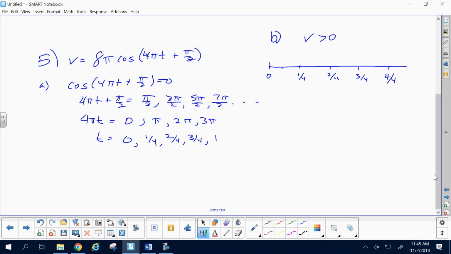Pi over 2 plus pi over 2 is pi. Cosine of pi is negative. 1/4 to 2/4, I think it'll alternate signs. I'll do one more just to verify. So I did 3/8. 4 pi times 3/8 is 3 pi over 2. 3 pi over 2 plus pi over 2 is 2 pi. Cosine of 2 pi is positive. So I'm feeling it's positive in those intervals.